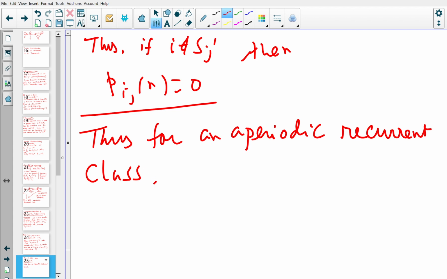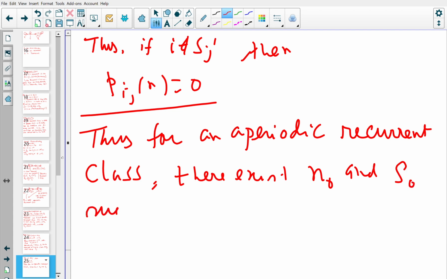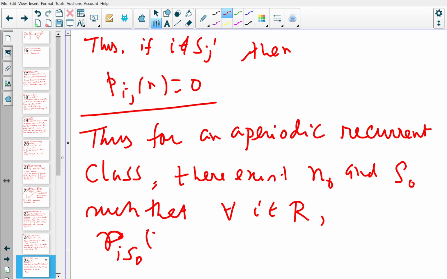If you have an aperiodic class, then there exist some n naught, which is already fixed, and a state, say s naught, such that for all i belonging to that recurrent class R, the transition probability from i to s naught in n naught many steps is always positive, right?